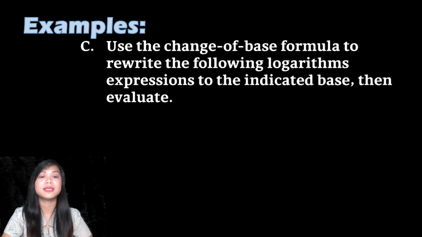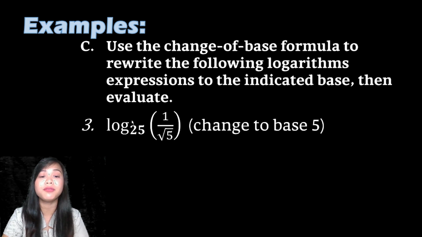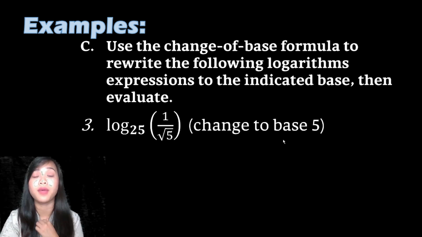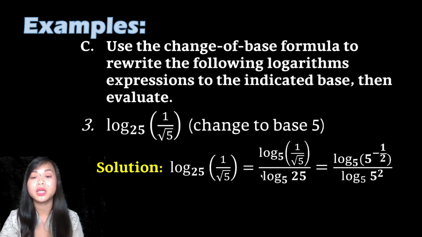And last example, we have log base 25 of 1 over square root of 5. So this time we need to change to base 5, from 25 to 5. So here's the solution. We have log base 5 of 1 over square root of 5, all over log base 5 of 25.